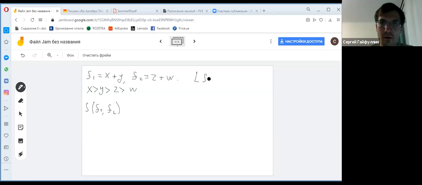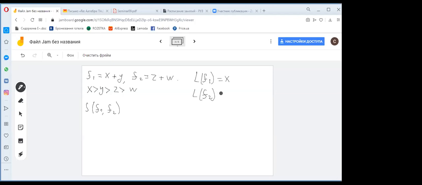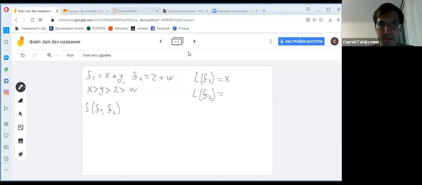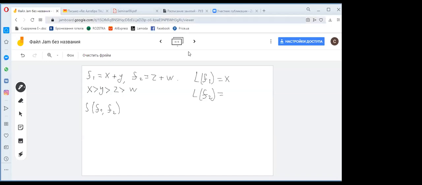Okay, then L of f1 is x. And L of f2. Aren't they g1 and g2? And f should be like a polynomial itself? But whatever, we can use this notation maybe.